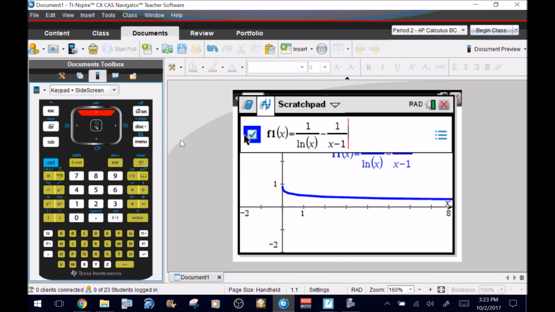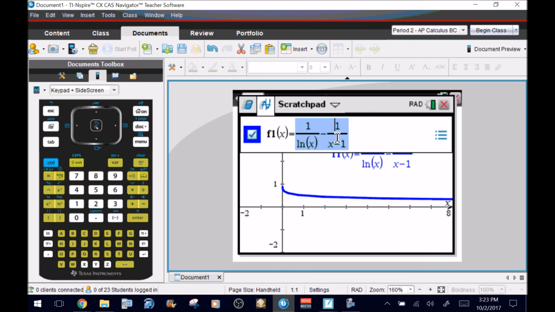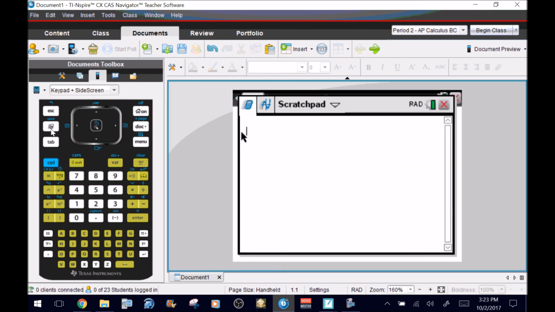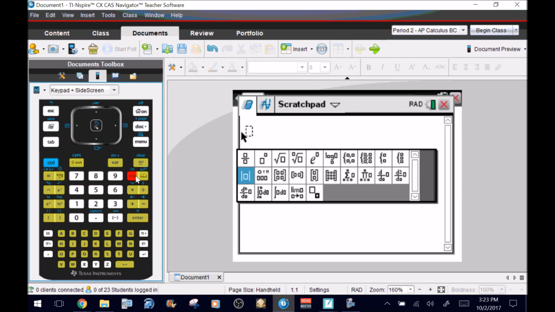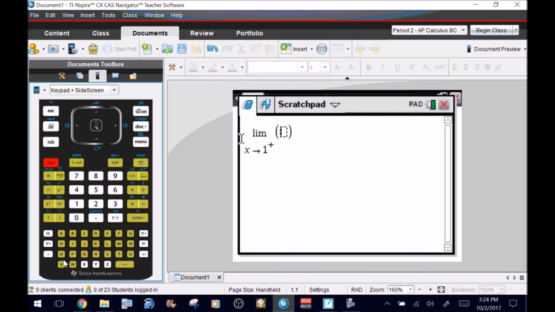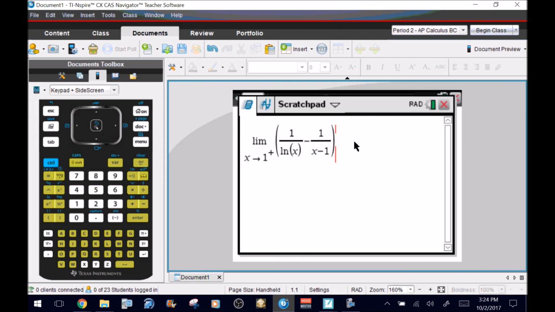I'll hit Control-C, and I'll go to a calculator scratch pad, and I'll say, well, let's take the limit of the function that I'm about to enter as x approaches 1 from the right, and that function is in my clipboard, so I'll hit Control-V, and I can find out that the calculator is going to give me the correct answer of 1/2. Now, this is not meant to be any kind of solid proof. It's just demonstrating the CAS features of a calculator to see whether or not our answer was correct. And here we are correct.